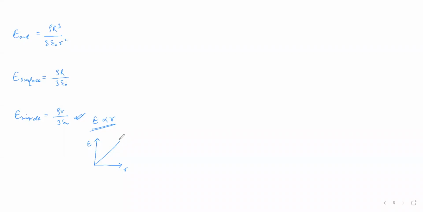And in the next equation, E outside, E is inversely proportional to R square. Are you clear? In this equation, E is inversely proportional to R square.